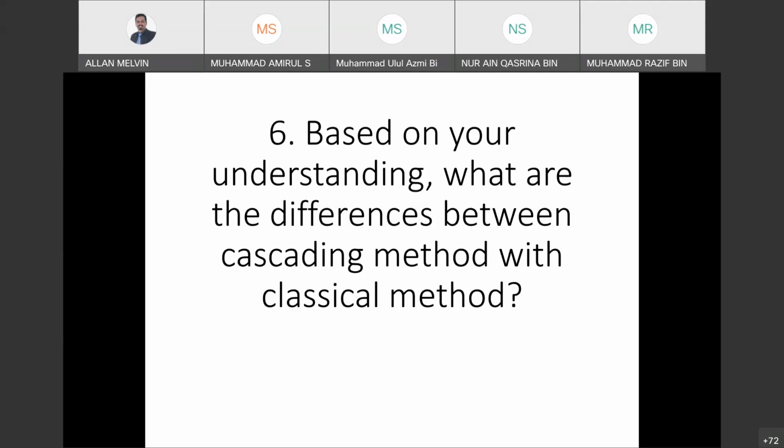The differences between cascading method and classical method: cascading method is more practical in a bigger system, since it can eliminate signal overlap so effectively compared to the classical method.